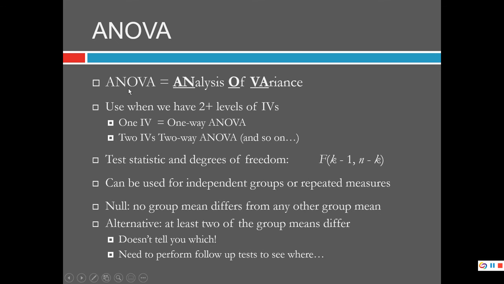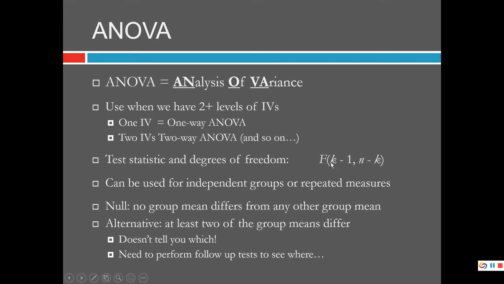ANOVA is short for a cute little phrase, analysis of variance. It's just looking basically at how much variance there is between those groups and using that to say something about the mean differences. The test statistic for an ANOVA is an F statistic. It uses a different distribution than the t distribution, which is close to normal. The F looks a little bit different. And the degrees of freedom are different because you have to describe the number of groups as well as the number of participants.